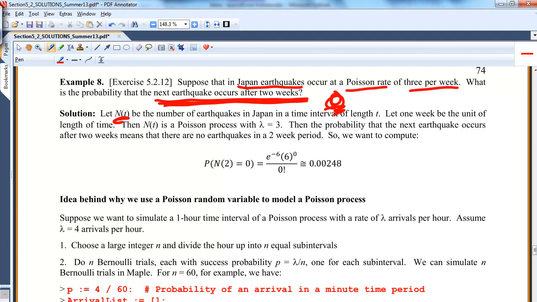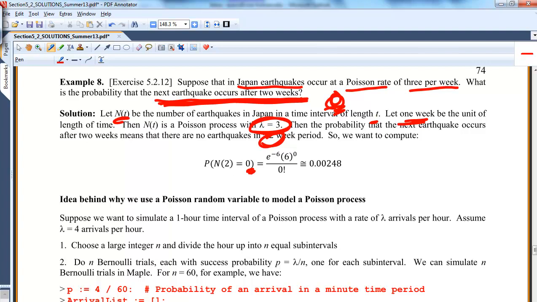So N of t is going to be the number of earthquakes in interval length t. Let 1 week be the unit length of time, so lambda is 3. I expect 3 per week, but I'm looking at a 2-week period, so I should see 6 in a 2-week time period. If I don't see the next one until after 2 weeks, that must mean I see 0 in that first 2-week period.